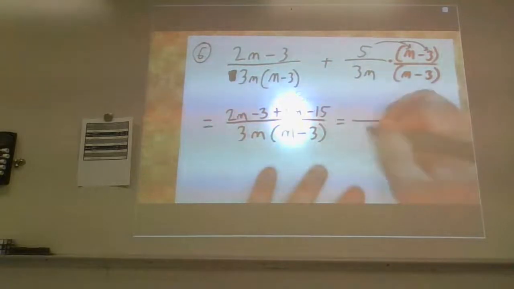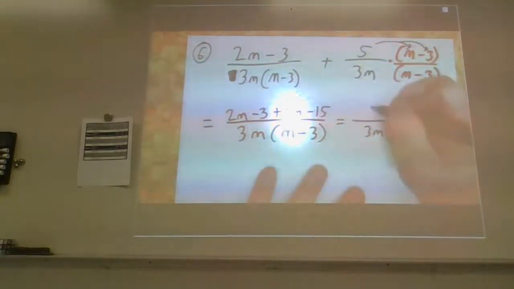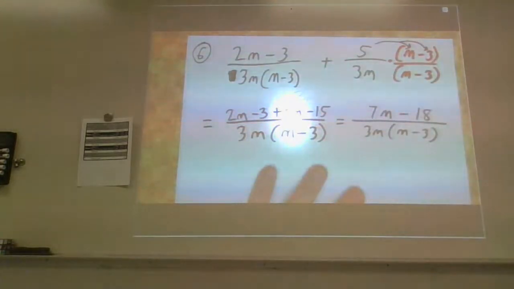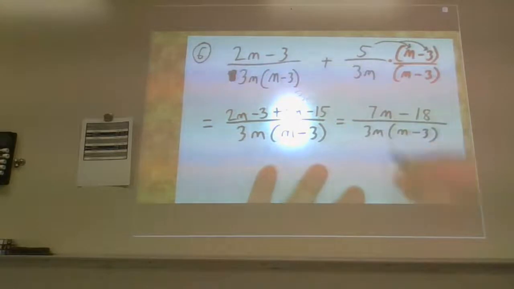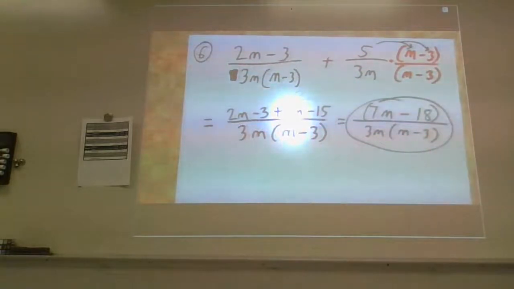The denominator stays the same. And I get 7m minus 18. That's all I can do to the problem. There's nothing else that can factor out, nothing else that can be simplified. I leave it as is. It's a weird problem, but I love it.